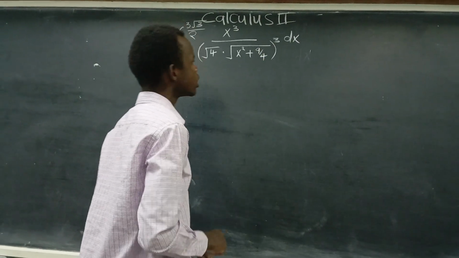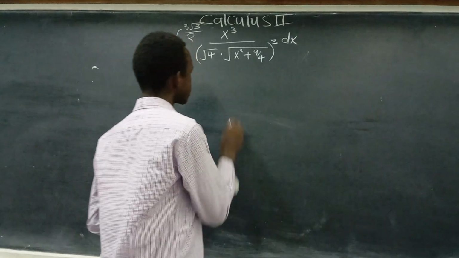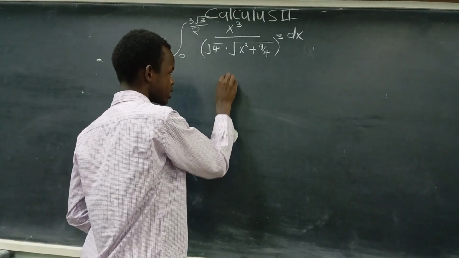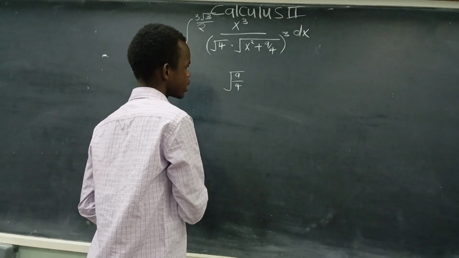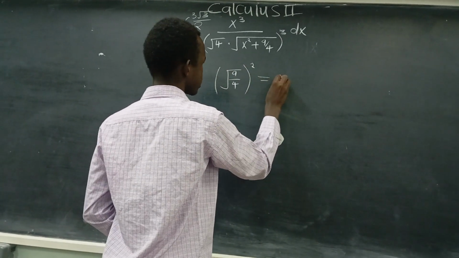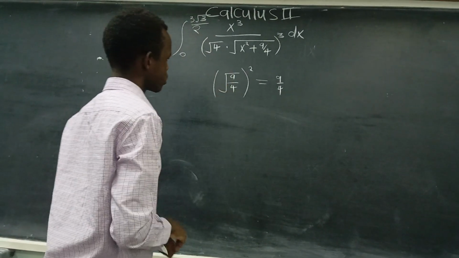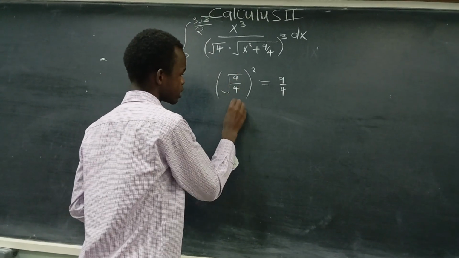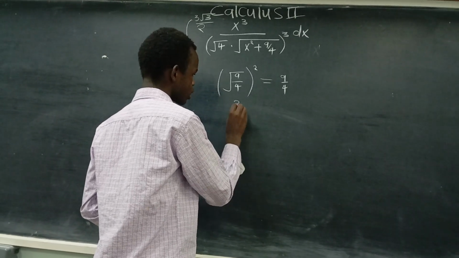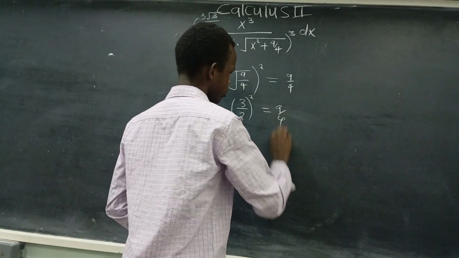I'll try to express 9 over 4 in terms of a square. When I find the square root of 9 over 4 and then square it, it will be the same as 9 over 4, right? The square root of this part is 3 over 2, and if I square that, I get 9 over 4.